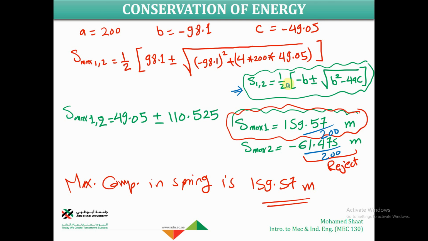Right, so there should be an a included. This is the correct value for the quadratic formula. So if we did the calculations, we're gonna end up with 159.57 divided by 200. This is gonna give us around 0.8 meter, and the second one definitely is gonna be negative, which will be rejected. So we're just gonna consider only the positive value.